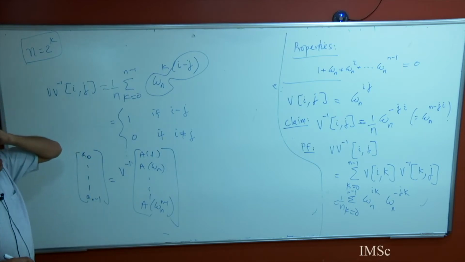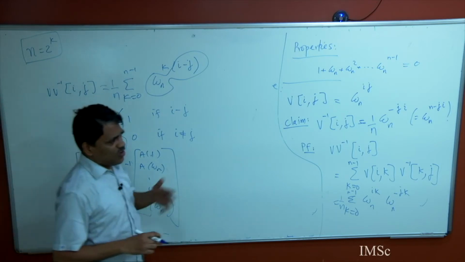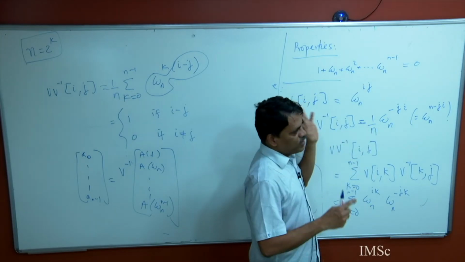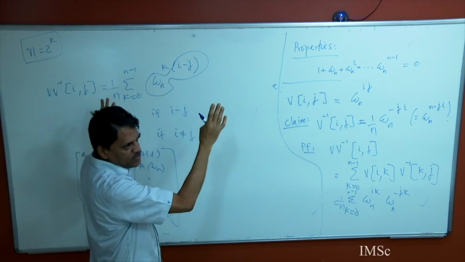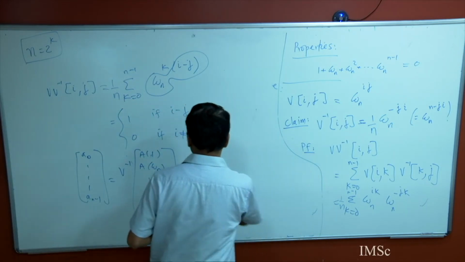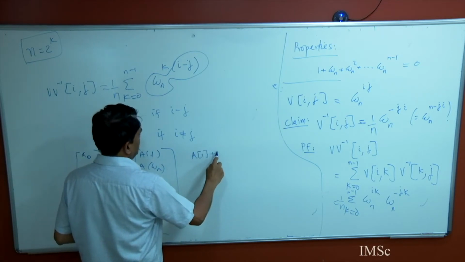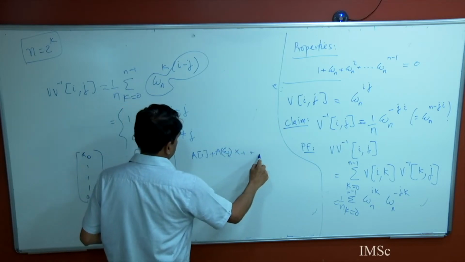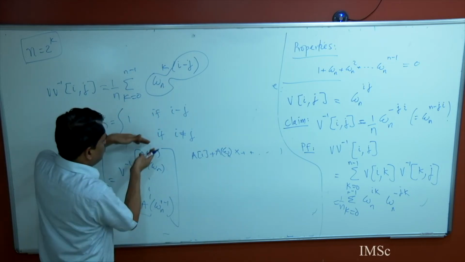Now, if you look at it, V inverse is also like a discrete Fourier transform, because instead of evaluating my A0, A1 polynomial at the points 1, omega n, up to omega n power n minus 1, I have to evaluate these coefficients as a polynomial. So basically I'm applying the same kind of transform on this vector.